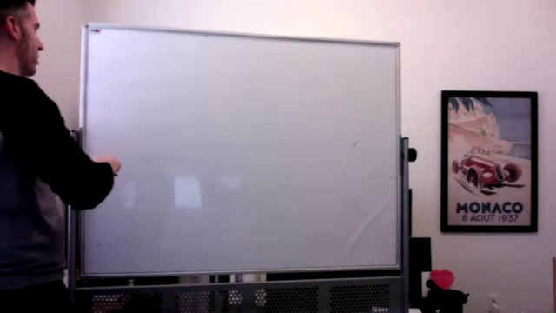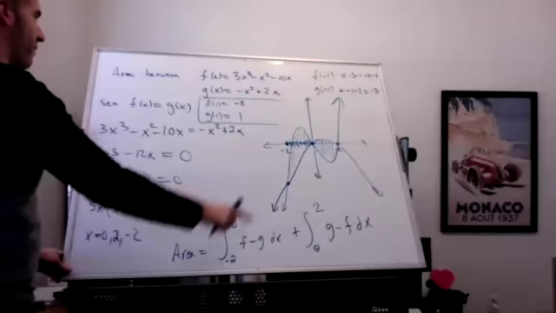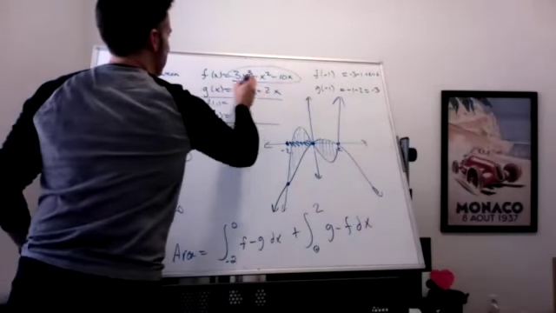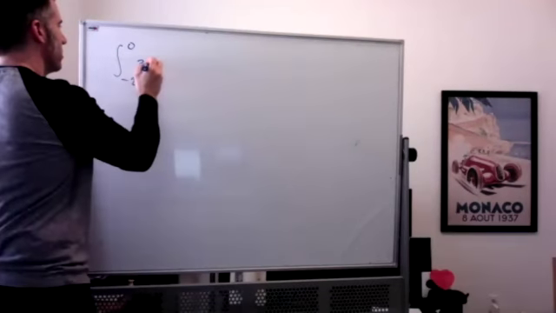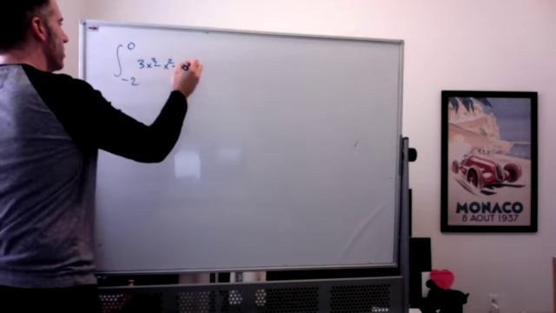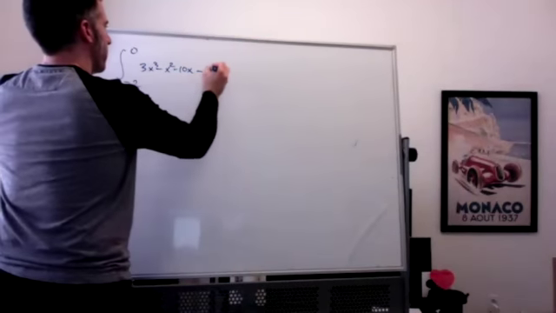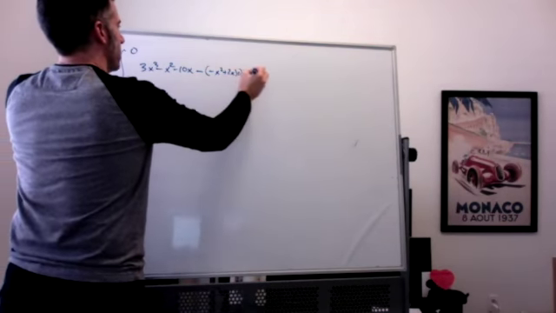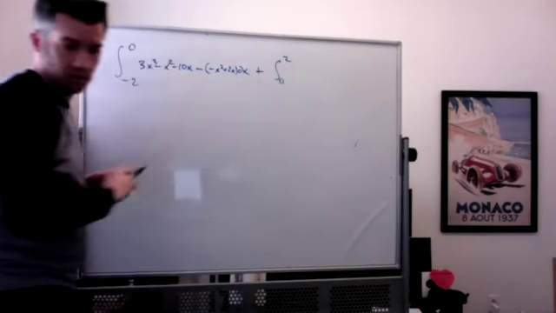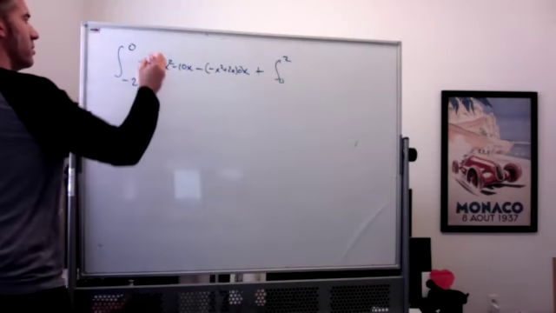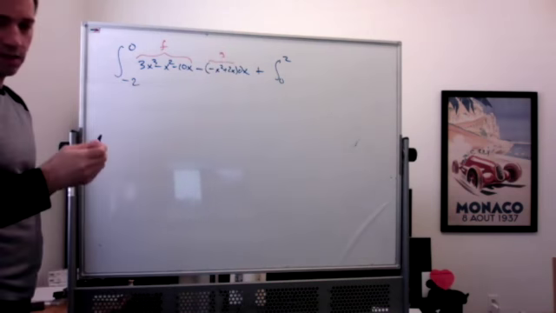So let's see what we get here. I get the integral from -2 to 0 of, we said f minus g, so that's going to be this minus this, so 3x cubed minus x squared minus 10x minus (-x squared plus 2x), plus the integral from 0 to 2 of g minus f.